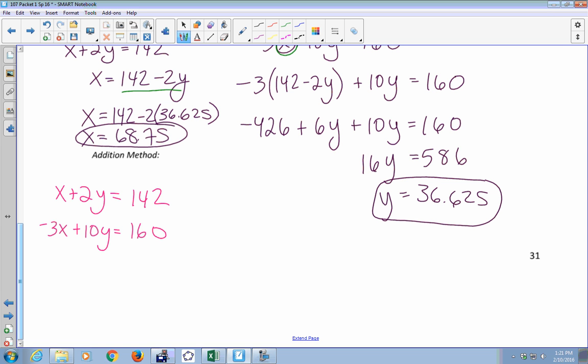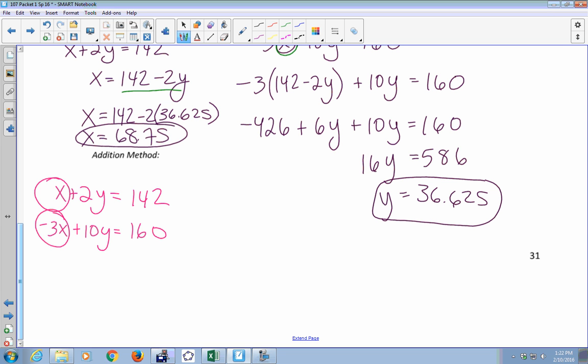Okay. So my goal is that I'm going to add these two equations together, or some version of these two equations together. And when I add them together, I'd like this x term and this x term to add up to 0 x's, right? So if I have negative 3 x's in this second equation, how many x's would I want in the first equation so that when I add them, I get 0?